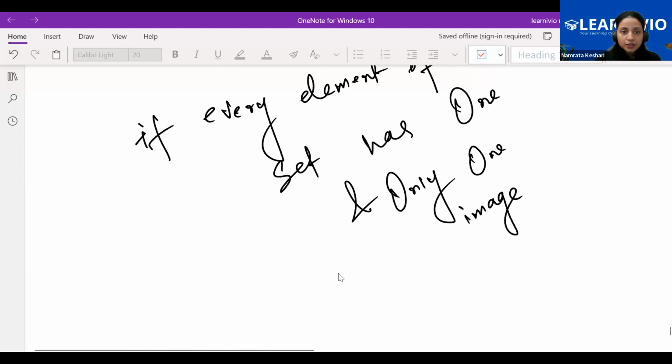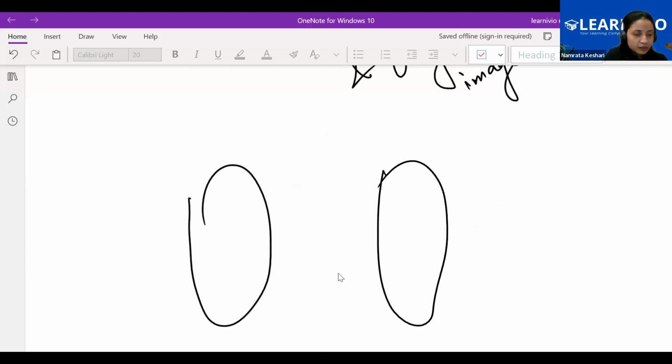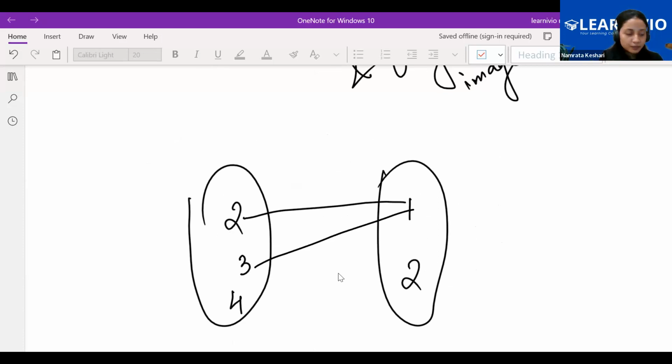Suppose we have this mapping diagram: 2, 3, 4, and here we have 1, 2. 2 is going to 1, 3 is also going to 1, and 4 is going to 2.